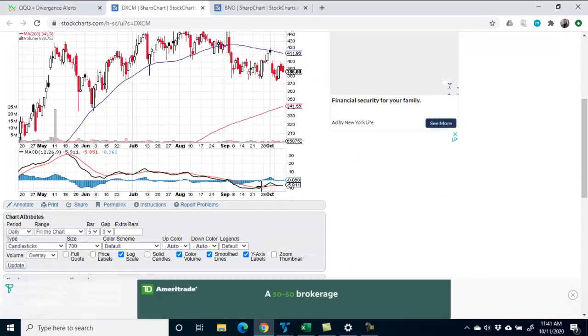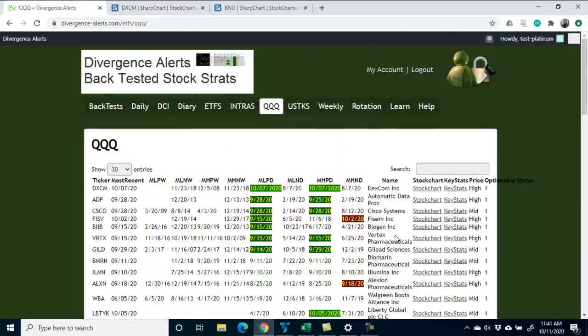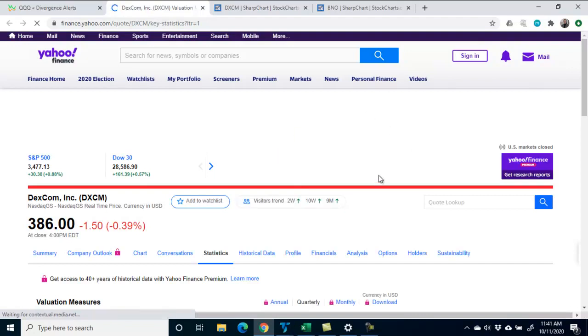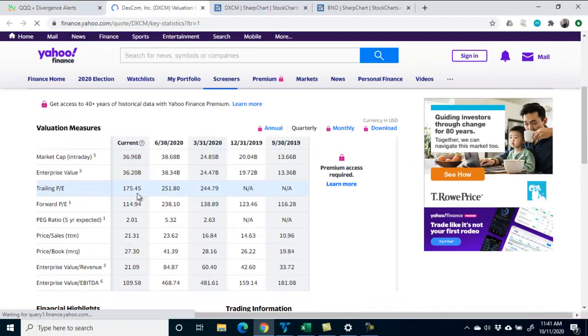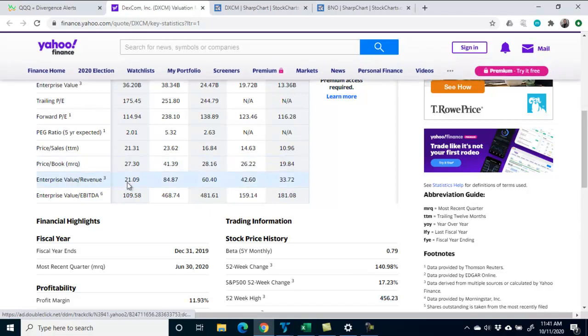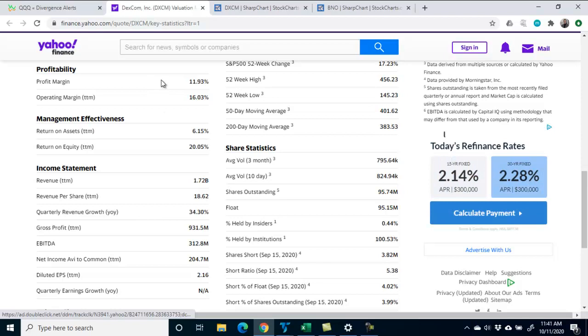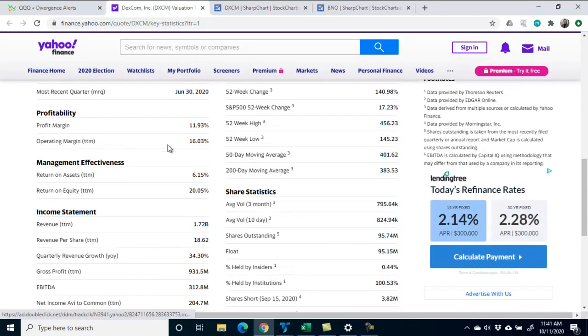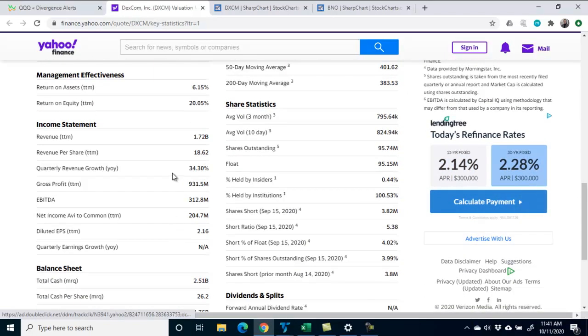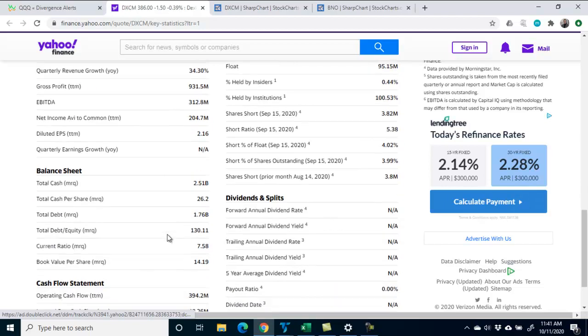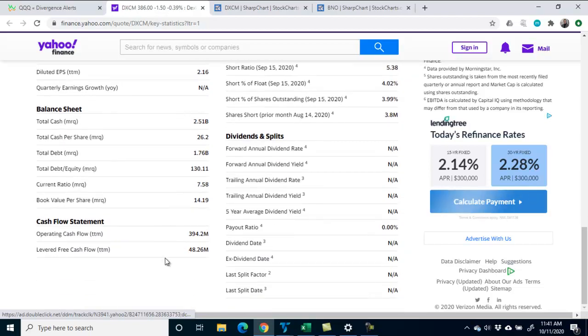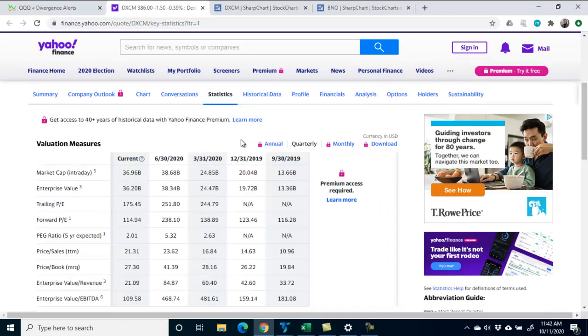And for stocks, we can look at its key statistics and have a look at how Yahoo reports the items from the Edgar database, and then its recent profit margins and growth and debt load, cash flow, dividends, if there are any, short load.